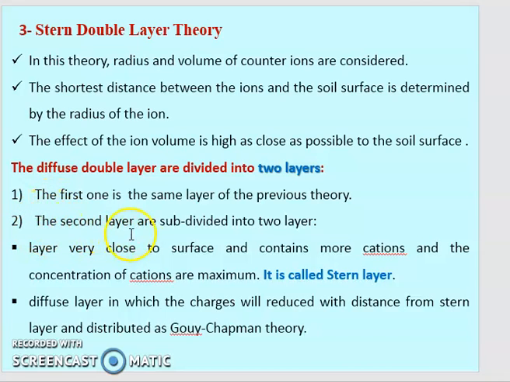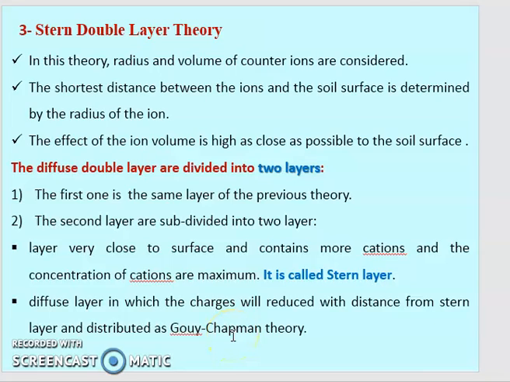The second layer in Stern is subdivided into two layers. The layer very close to the surface contains more cations, and the concentration of cations is maximum. It's called the Stern layer, like the Helmholtz layer. The second layer is a diffused layer in which the charge reduces with the distance from the Stern layer and is distributed as in Gouy-Chapman theory.